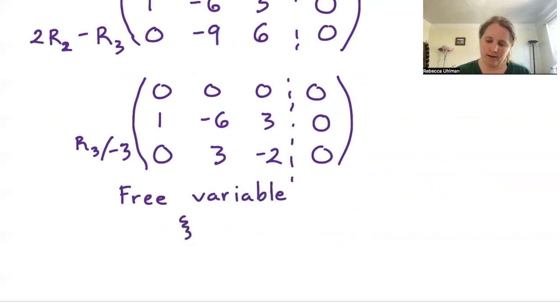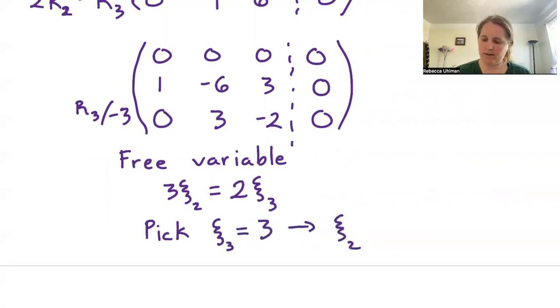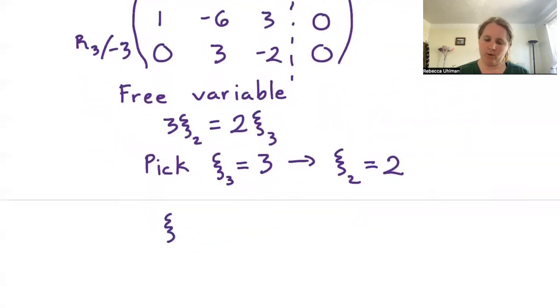We know that 3 times xi2 is equal to 2 times xi3. So what I would do is pick xi3 to equal 3. Then that means that xi2 is simply equal to 2. And then we know that xi1 minus 6 xi2 plus 3 xi3 is equal to 0.